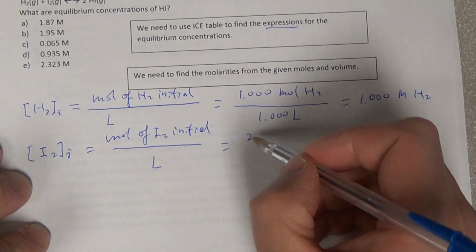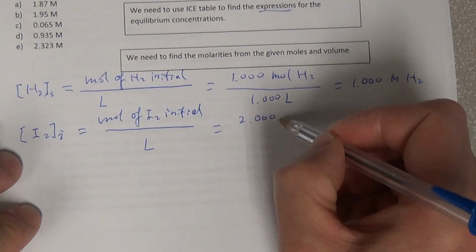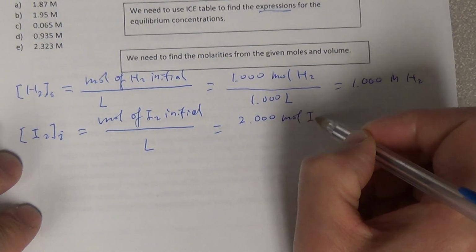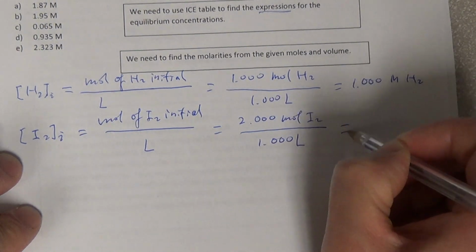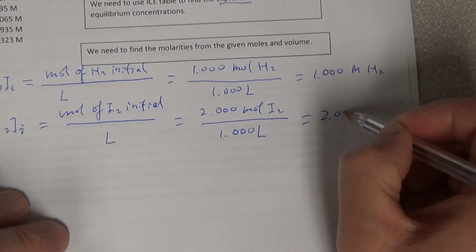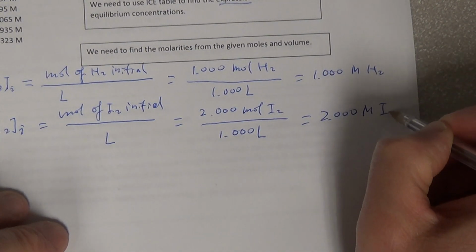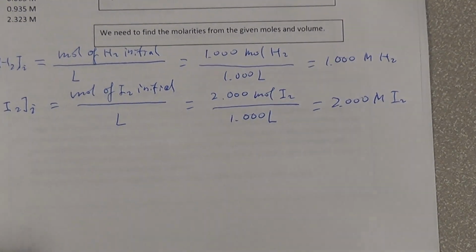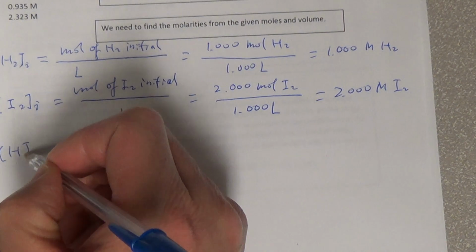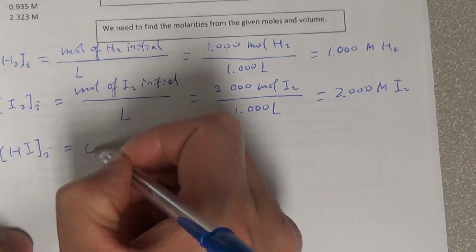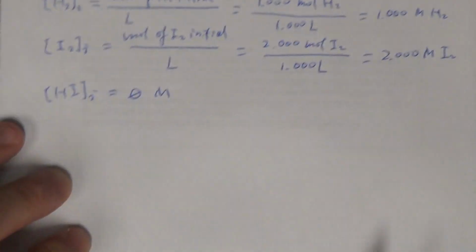So initial I2 is 2.00 mole of I2. Again, same volume. So that becomes 2.000 molar I2. So by implication the HI initial is 0 molarity.